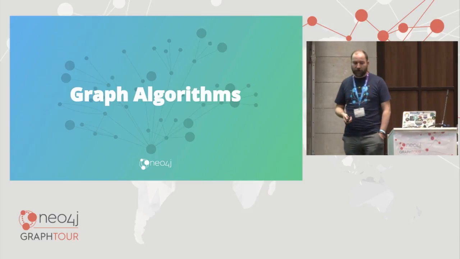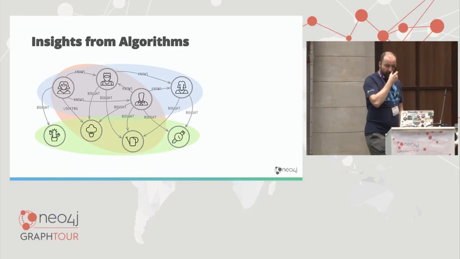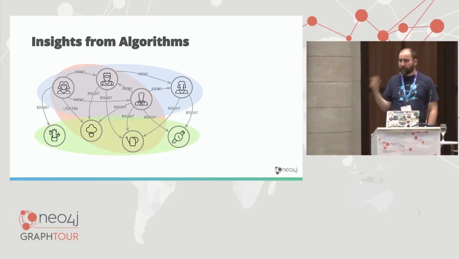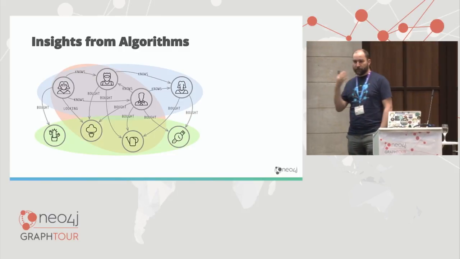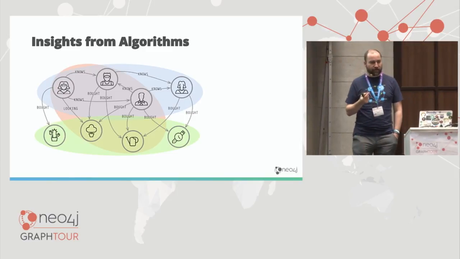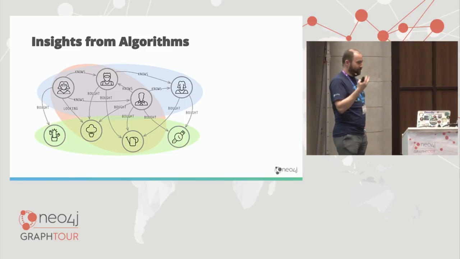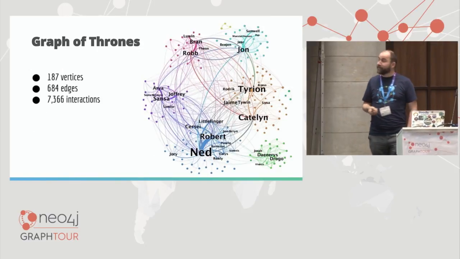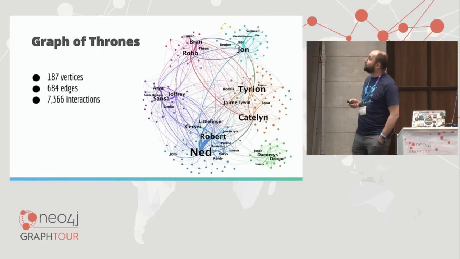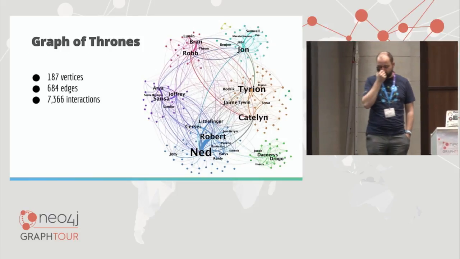And we've already heard about graph algorithms today. Really quickly, what we want to enable everyone to do is gain insight from structure, because graphs are a lot about structure. And it's really interesting how basically simple algorithms can take the structure and get insight out of that. One really cool example that is very close to my heart is the Game of Thrones interaction graph.